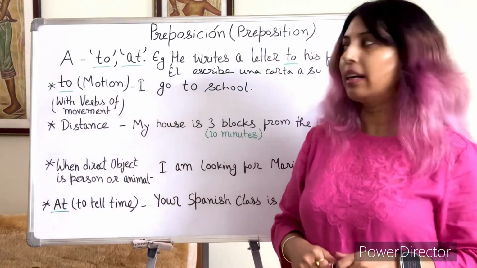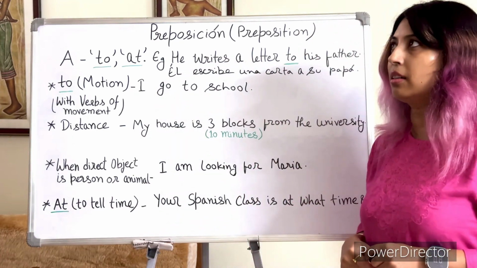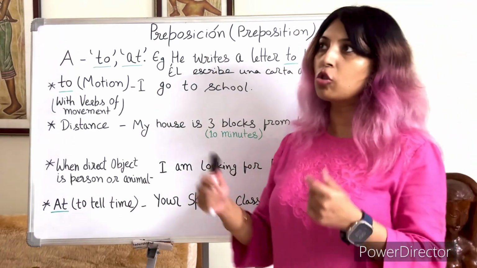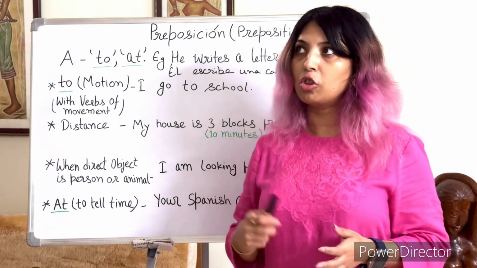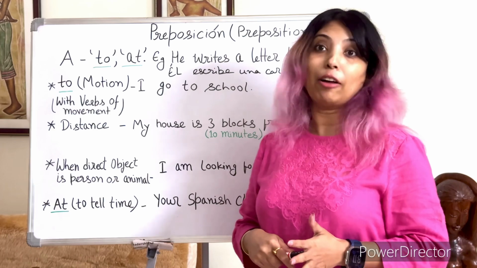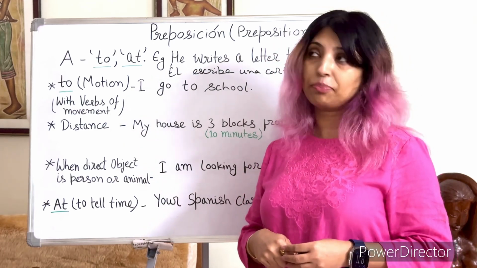And another verbs of movement would be venir. Venir means to come. So with venir you are supposed to use a, like if I want to say she'll come to my house.